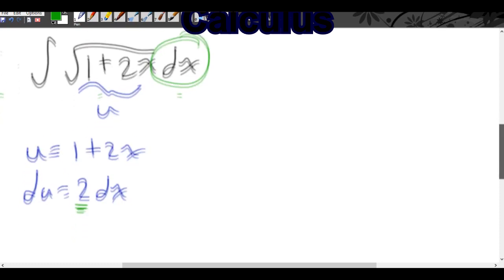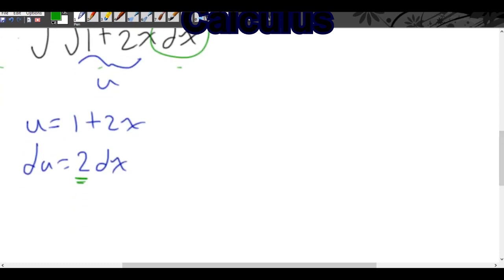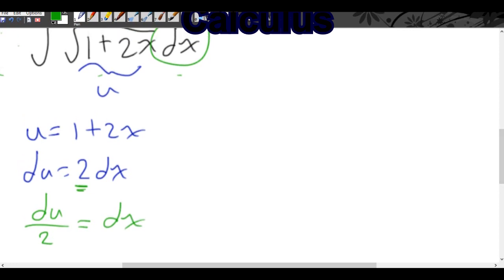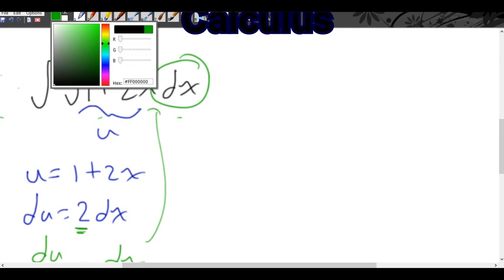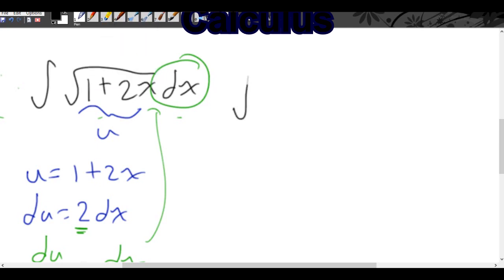However, if we divide this dx over by 2, which gives us dx, we should be able to substitute dx over here. Now let's proceed with our integration, which gives us the square root of u times du over 2.